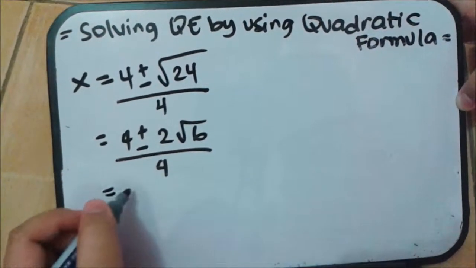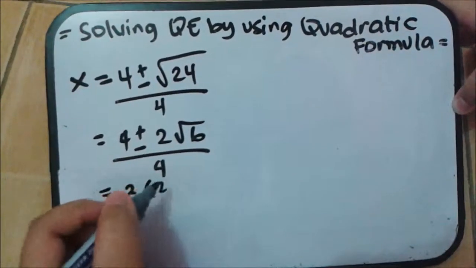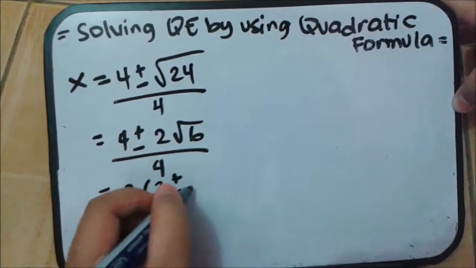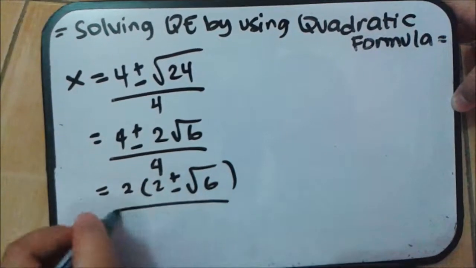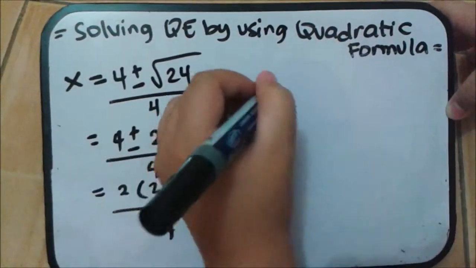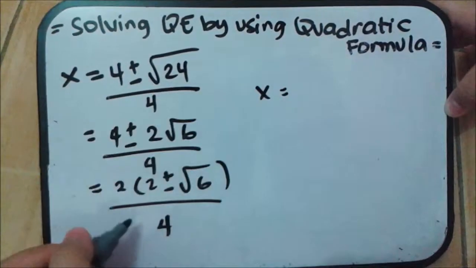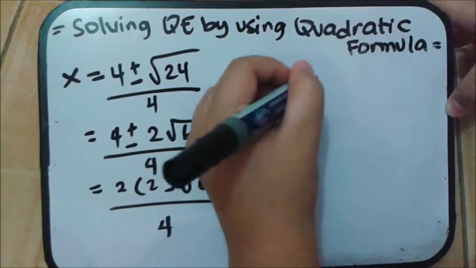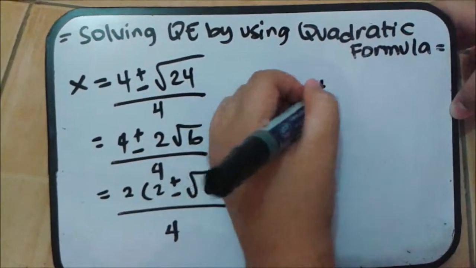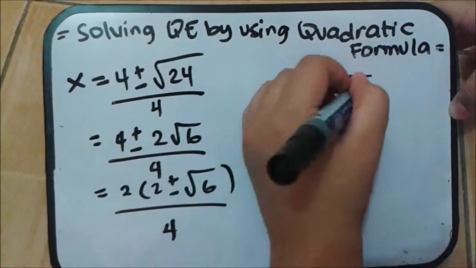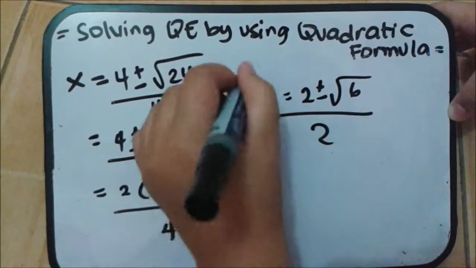Factoring out 2, we get 2 times 2 plus or minus square root of 6 over 4, and your final answer will be 2 plus or minus square root of 6 over 2.